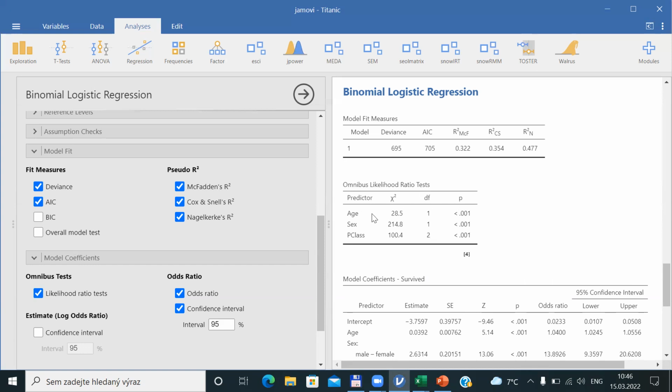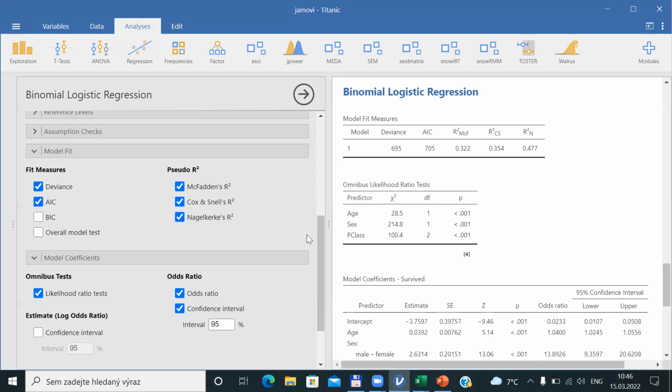So here we are, and we can see that individual predictors seem statistically significant, if we use this old phrase, as all these likelihood ratio tests are attached with small p-values.